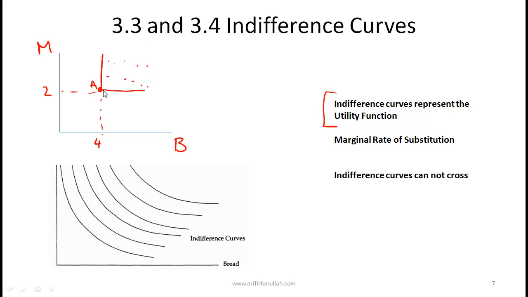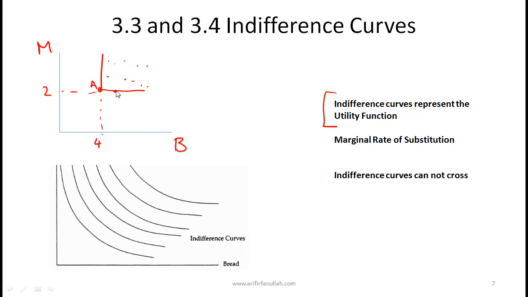Why? Because given our 3 assumptions, for example the assumption of non-satiation, if you have 2 cups of milk and 4 slices of bread, what does this point represent? 2 cups of milk and 5 slices of bread. Would that not be better than A? Yes.